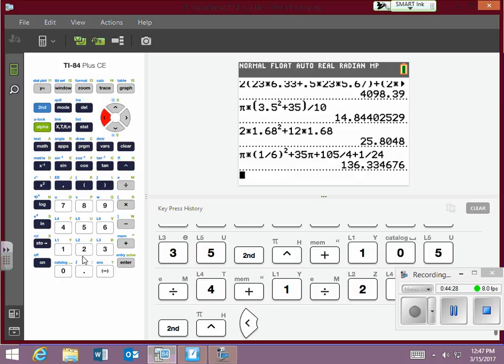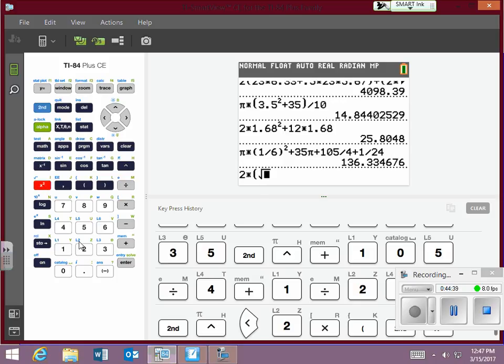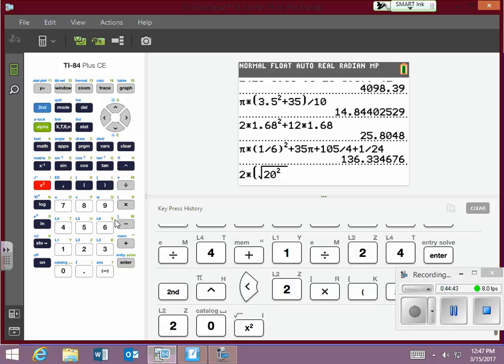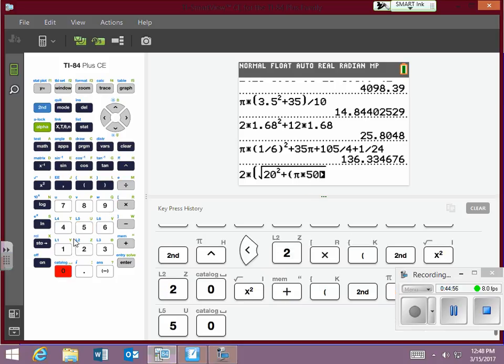It's got to be 2 times the square root of 20 squared plus, bracket, pi times 50, quantity squared.